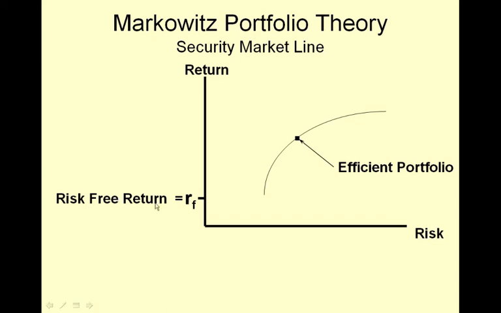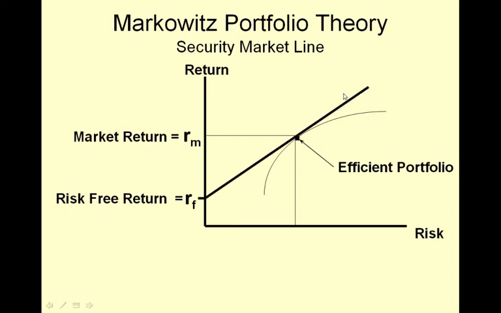The opportunity to combine investments in risk-free instruments such as treasury bills with investments in the stock market identifies the efficient portfolio, which is indicated by this point, a line tangent between the risk-free rate and the efficient frontier.